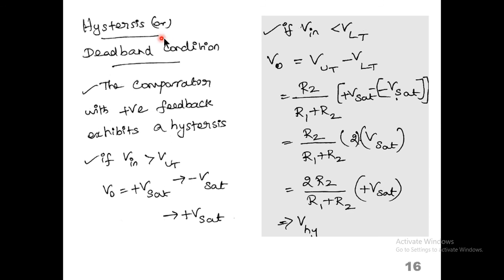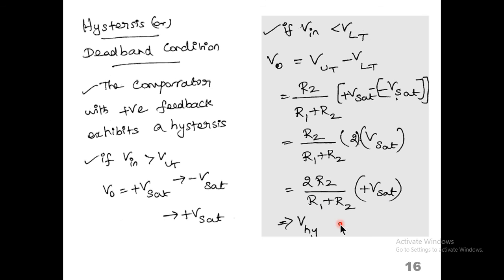The hysteresis or dead band condition means the comparator with positive feedback exhibits hysteresis. We already saw that. If Vin is greater than VUT, the output voltage will go from positive to negative saturation voltage, and if Vin is less than VLT, the output voltage goes back. The hysteresis voltage is 2R2 divided by R1 plus R2 into positive saturation voltage.